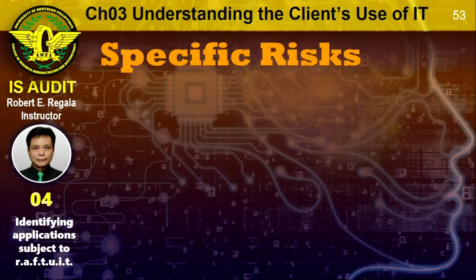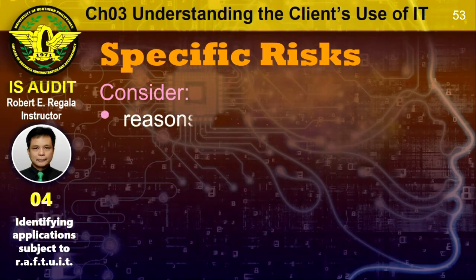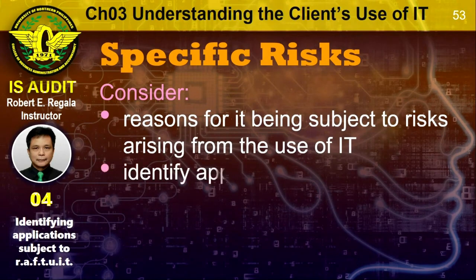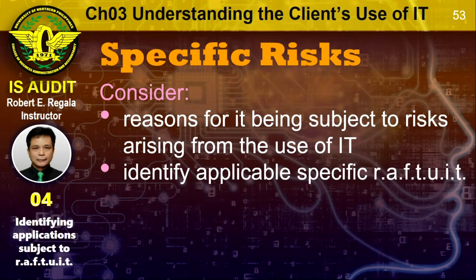In identifying the risks arising from the use of IT, the auditor may consider the nature of the identified IT application or other aspect of the IT environment and the reasons for it being subject to risk arising from the use of IT. For some identified IT applications or other aspects of the IT environment, the auditor may identify applicable risks arising from the use of IT that relate primarily to unauthorized access or unauthorized program changes, as well as address risks related to inappropriate data changes.